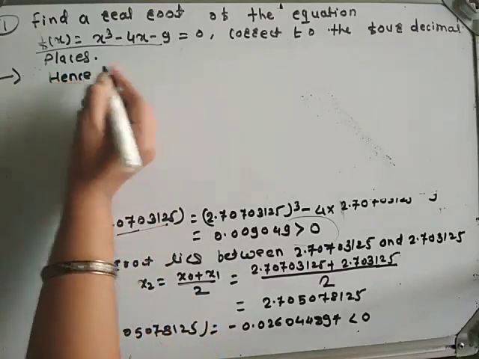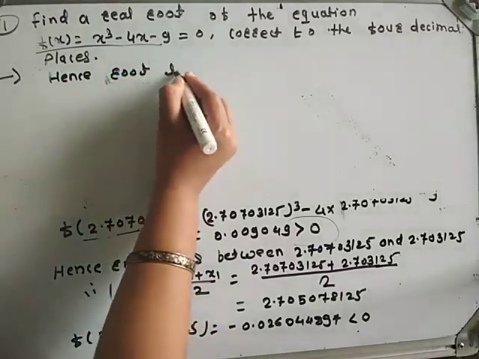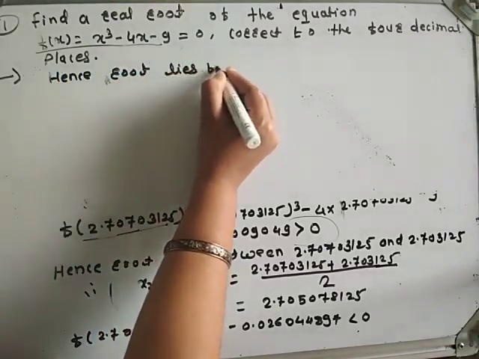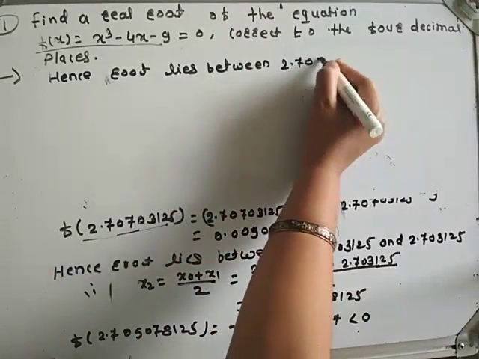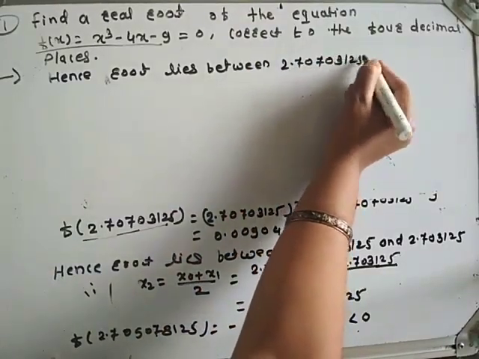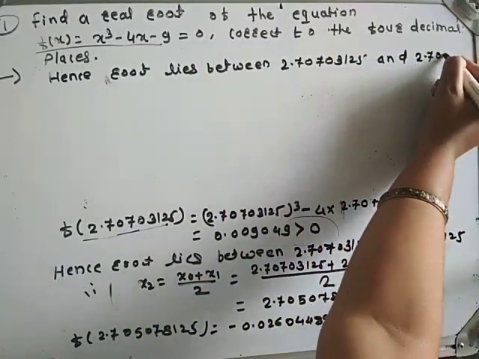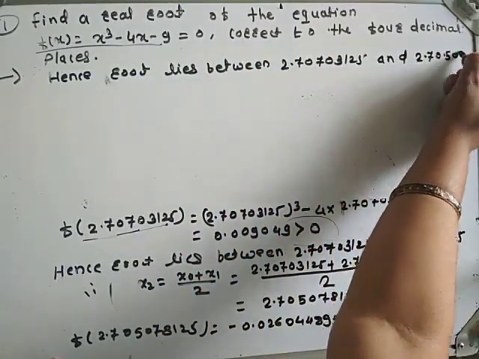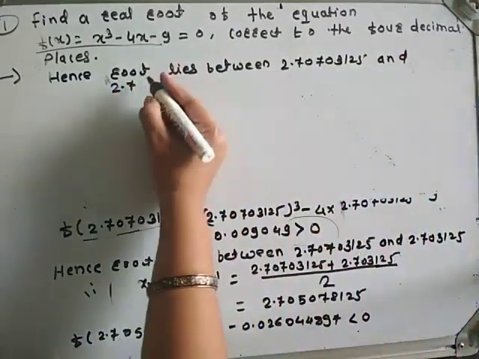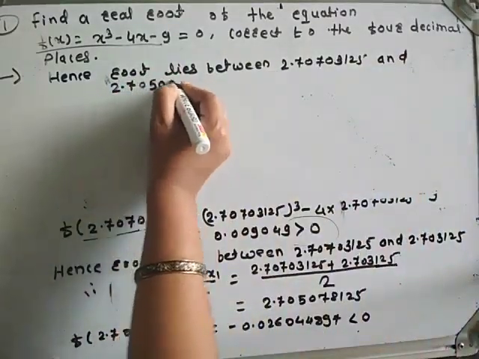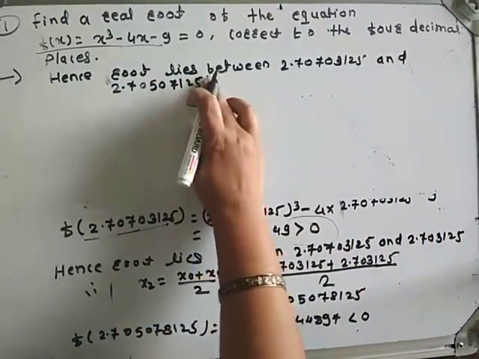Hence, the root lies between 2.70703125 and 2.705078125.